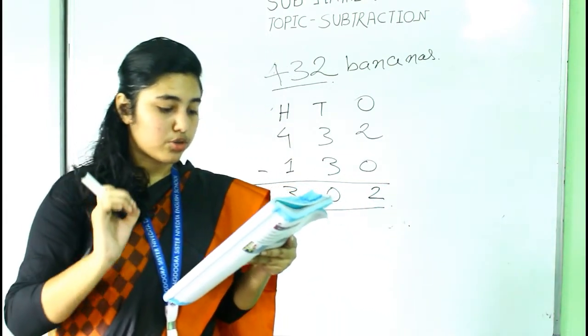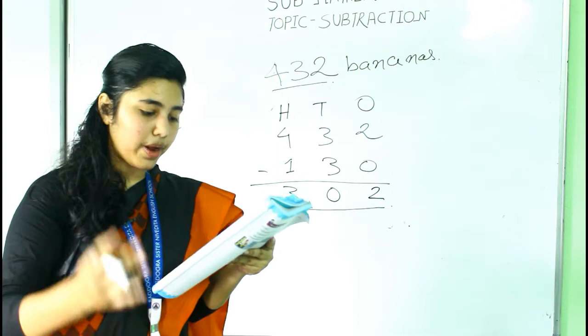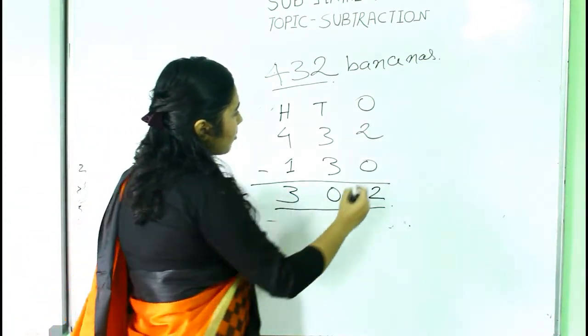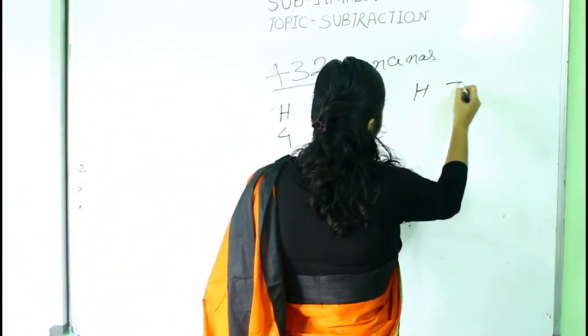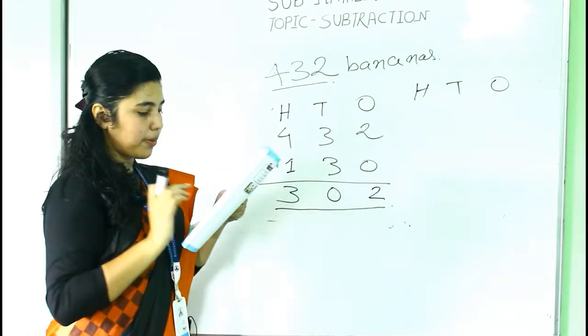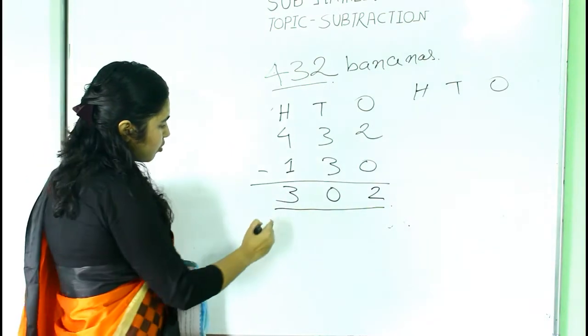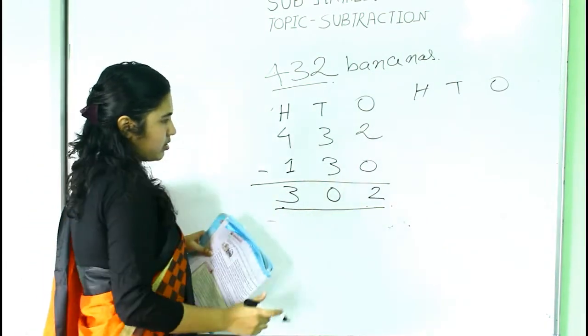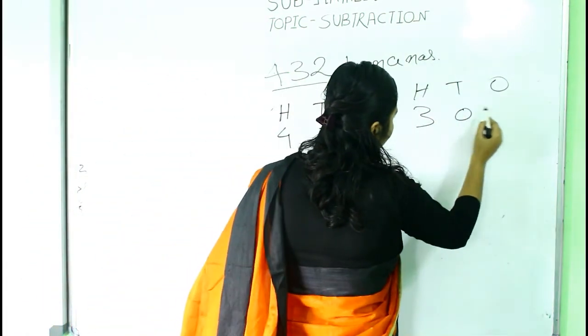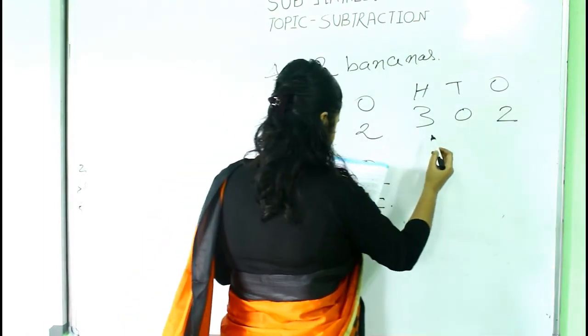Mother bought 216 more bananas. That means we have to add 216 bananas with 302 bananas. That means we have to add these two numbers.